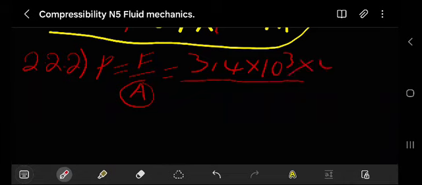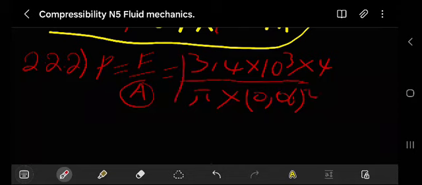Then I'll be left with pi times diameter squared. What is our diameter? It was 0.06. I square that.